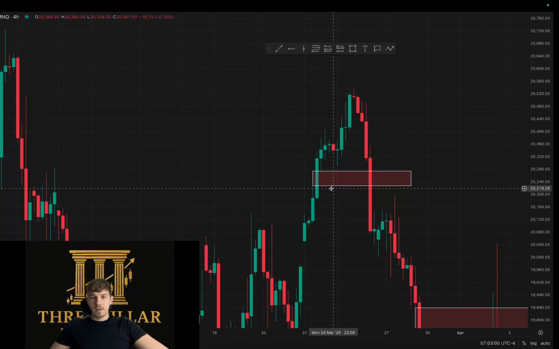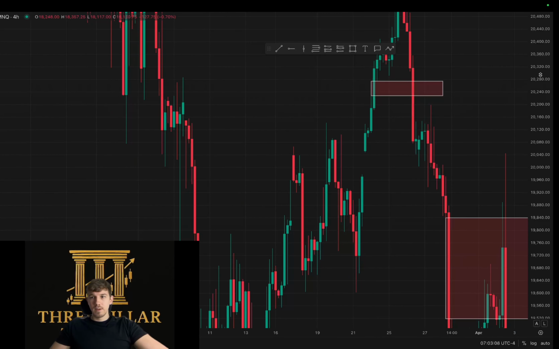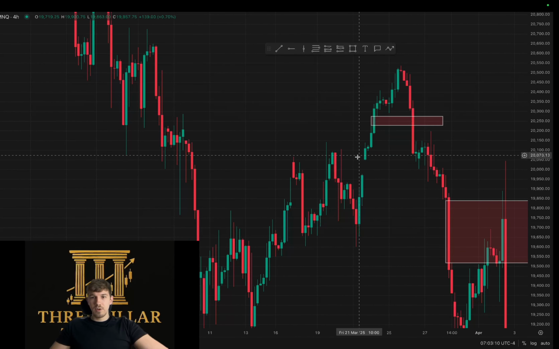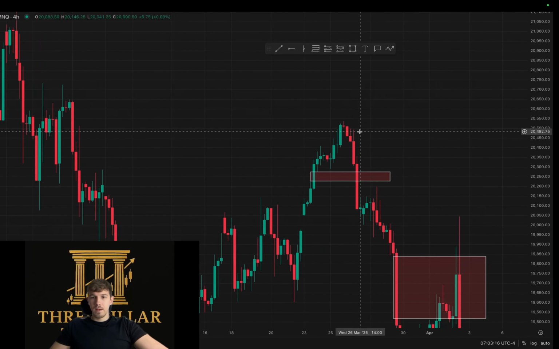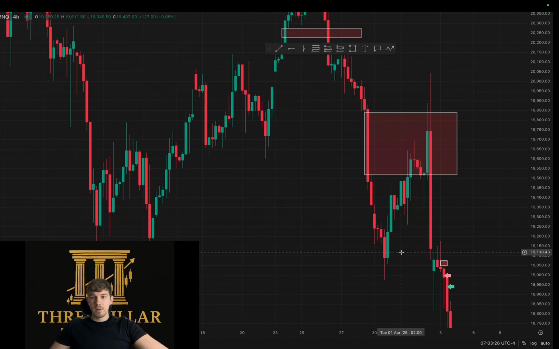These inverses of fair value gaps tend to signal a shifting order flow in which way we're heading. So you could see that we are actually trending upwards here, putting in higher highs and higher lows, higher high, but then we inverse this, then creating lower highs and lower lows.